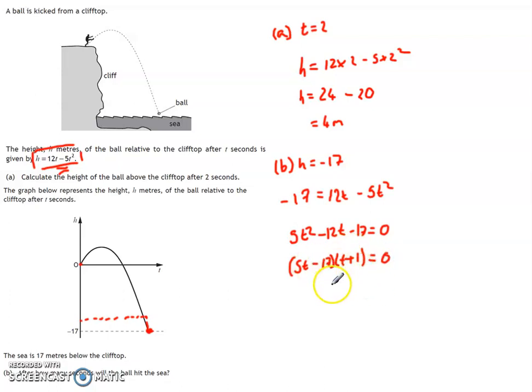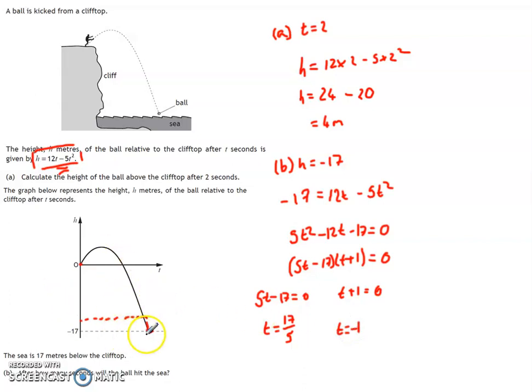So I get two solutions from this. What I end up with is 5t minus 17 equals 0, and t plus 1 equals 0. So I get t equals 17 over 5, and t equals negative 1.